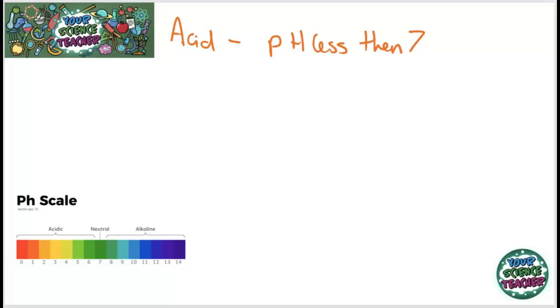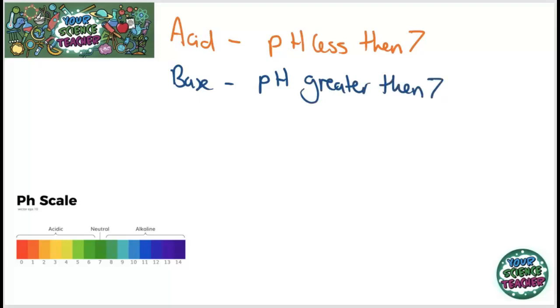And the opposite of an acid is a base. And this is anything with a pH greater than 7. And down here I have a pH scale. And this pH scale goes from the strongest acid, which is pH 0, to weak acids, which have a pH of around 5 and 6.